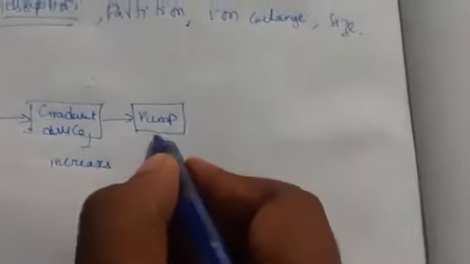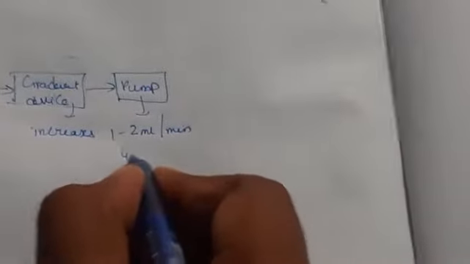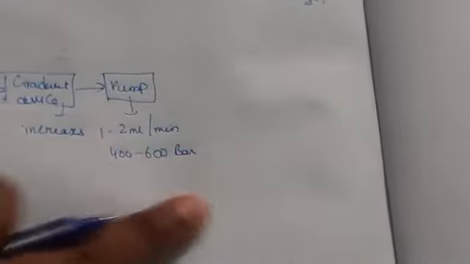So per minute, how much does this pump take? 1 to 2 ml per minute, at a pressure of 400 to 600, sorry, not temperature, at a pressure of 400 to 600 atmospheric bar. So the pump can take 1 to 2 ml per minute.